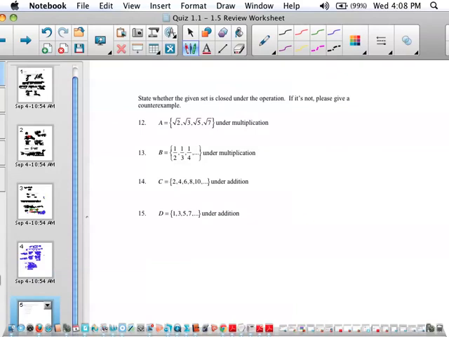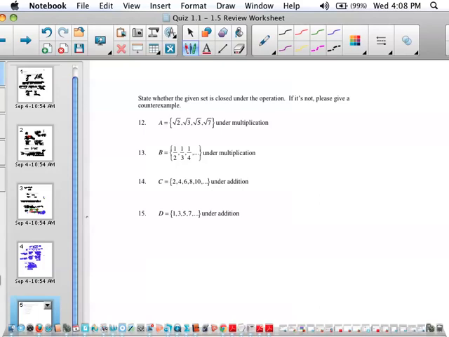Okay, almost finished. We want to take a look at these sets and state whether the given set is closed under the operation. If it's not, we have to give a counterexample. So we have the set A is defined to be the 4 elements root 2, root 3, root 5, root 7. The operation is multiplication.